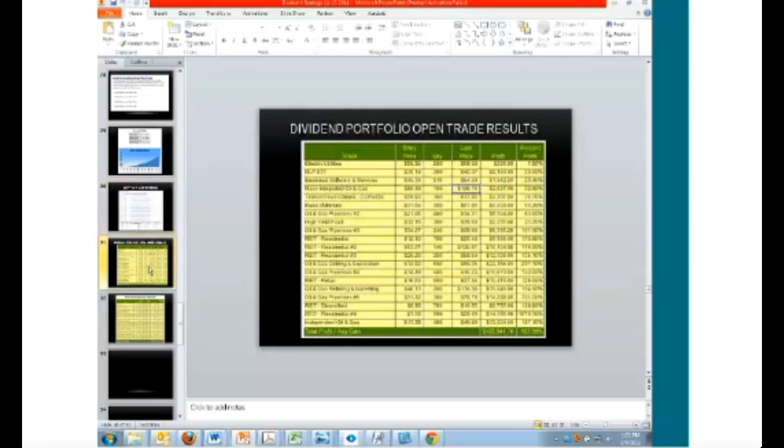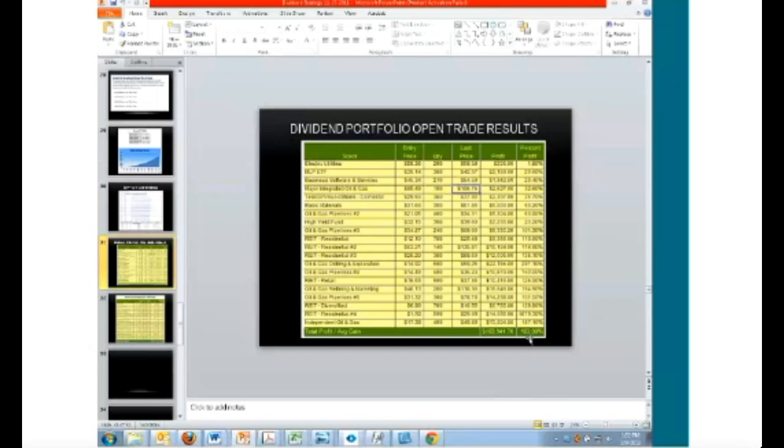So let's take a look at our dividend portfolio. And as you can see, it's mostly comprised of the real estate investment trusts and the MLPs. And we currently have $169,000 in open trade profits and average return of 103%.